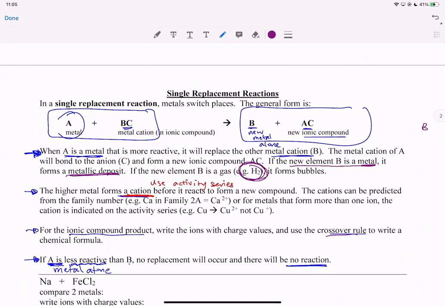You don't see a metal appearing from nowhere. What you see when you have a gas that forms like H2 is bubbles. And so this typically happens when H is the new element alone, becomes H2 and not just H plus. Why is that? Because hydrogen is never going to be by itself. It always will find another hydrogen. And so this is H2 and that's a gas.